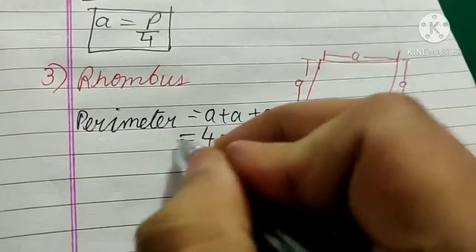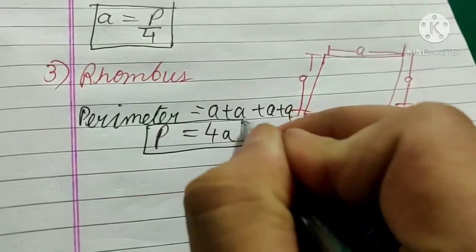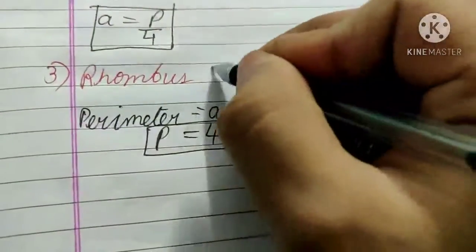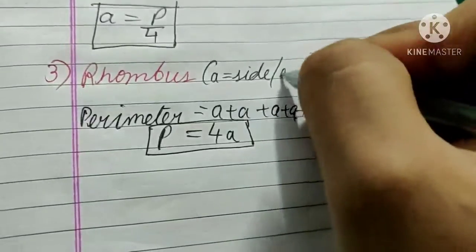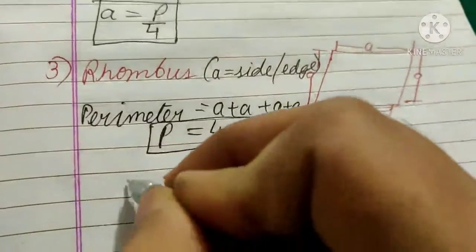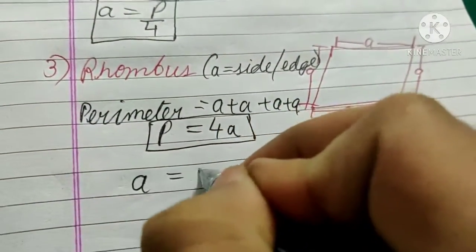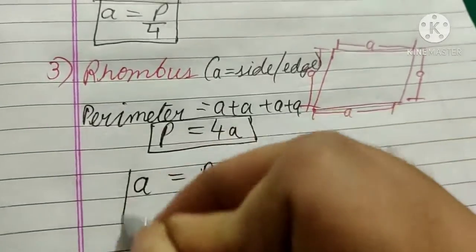The perimeter has come out to be 4A, like that of a square. Here A stands for the side or edge of the rhombus. If you have to calculate the edge of the rhombus, it will be equal to perimeter by 4.